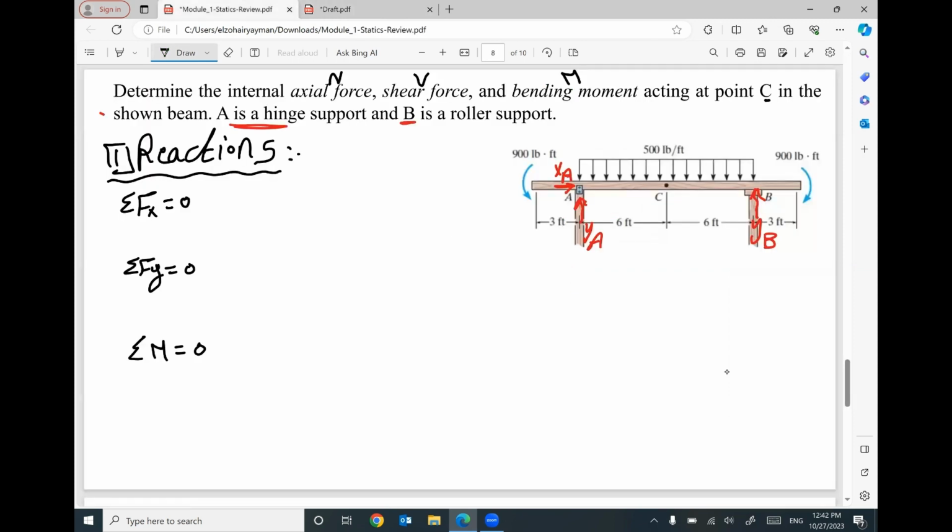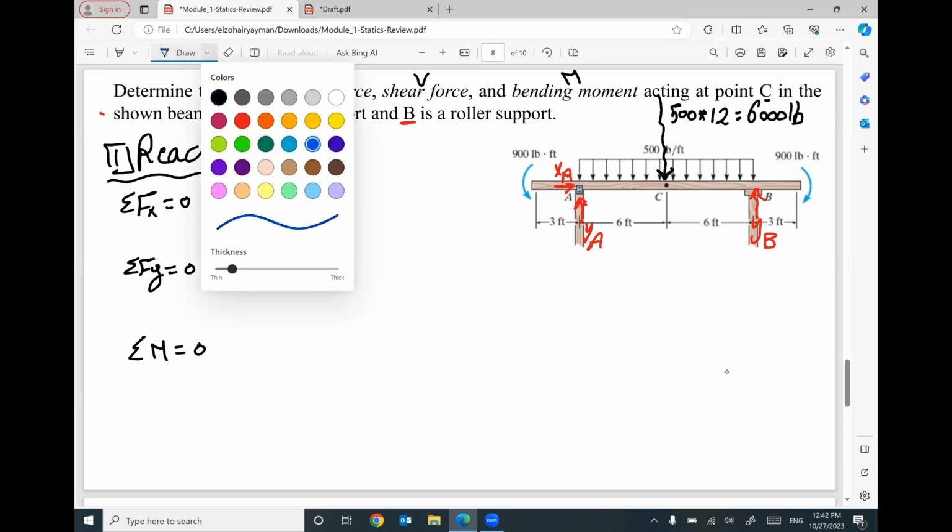So in this case, I will convert this distributed load to an equivalent load located here at the mid distance, 6 feet and 6 feet. How much? It will be 500, the value of the distributed load, times the total length, which is 12. So it will be 6,000 pounds.